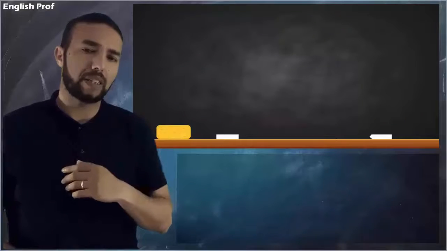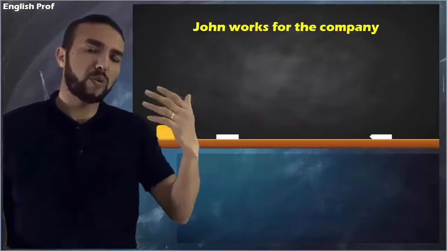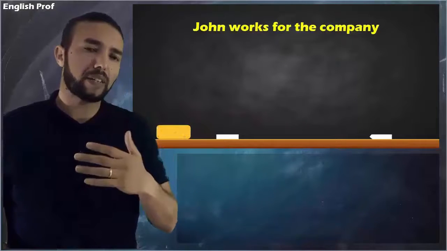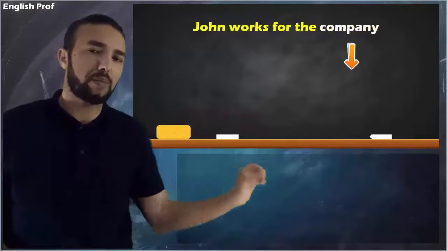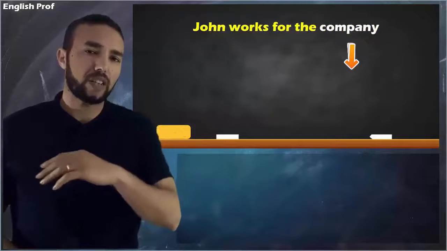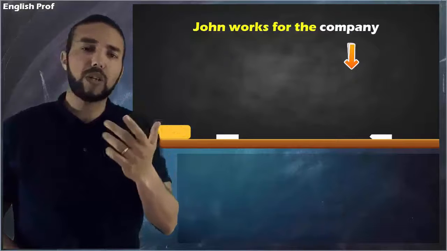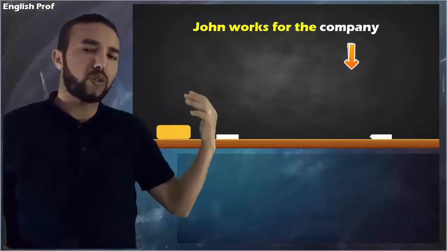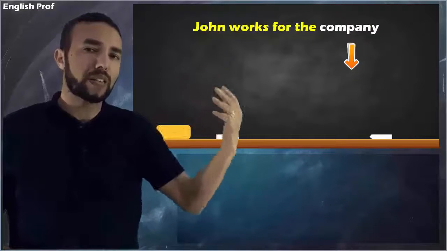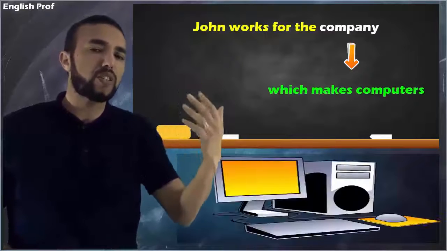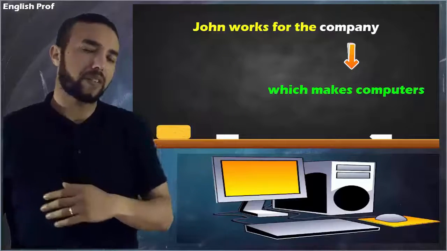Another example is with which: John works for the company. Which company? You have to specify, you have to give us information so that we, as listeners, can know which company. So John works for the company which makes computers.